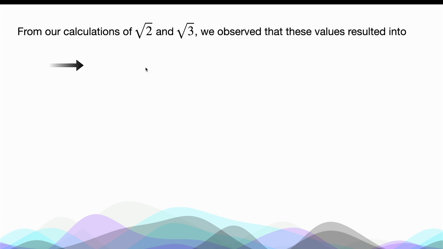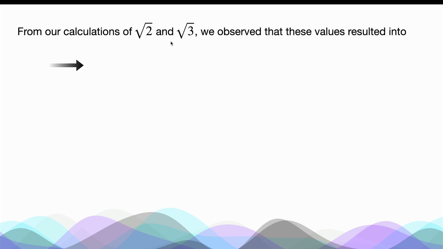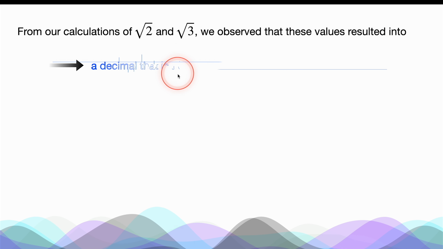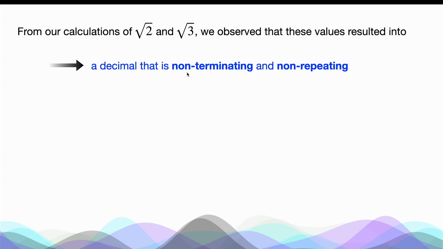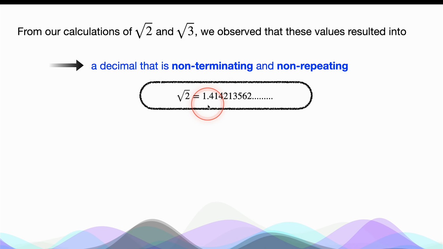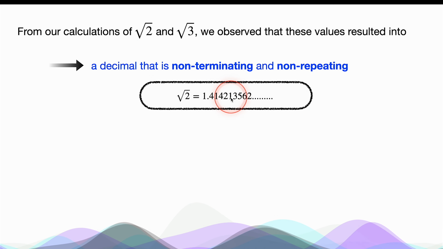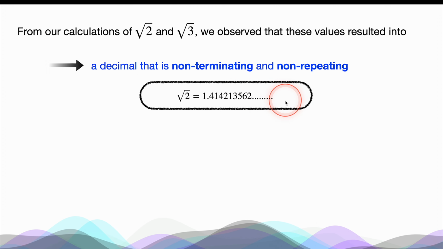Now from our calculations of root 2 and root 3, we observed that these values resulted in a decimal that is non-terminating and non-repeating, right? What was the value of root 2? Root 2 was something like 1.4142135562, and it is not going to end.